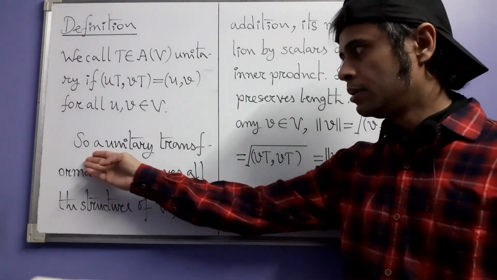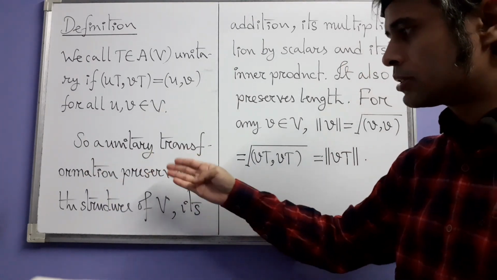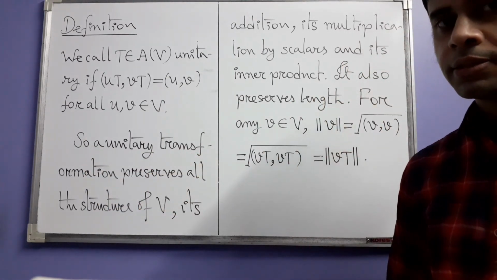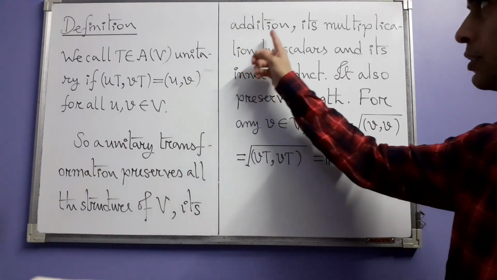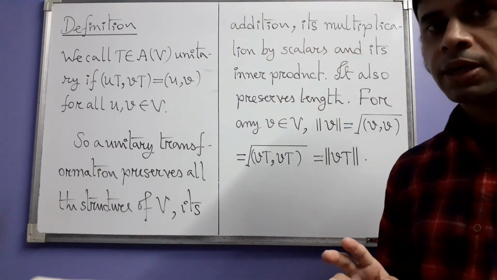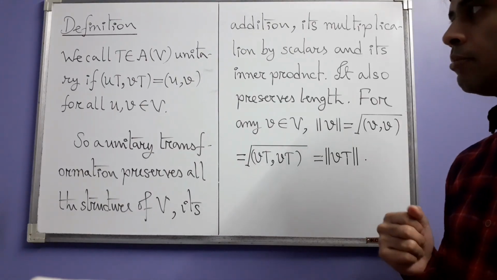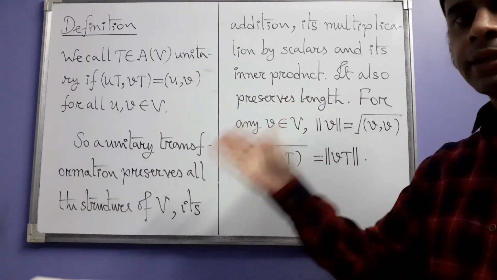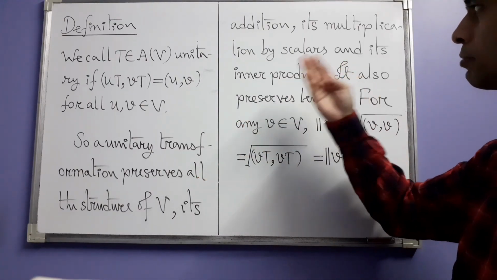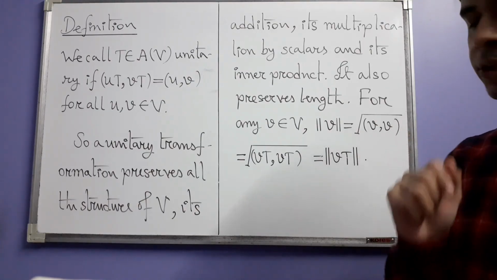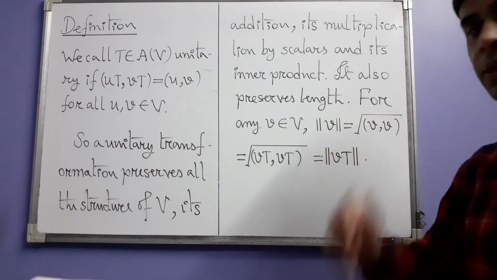And that is why a unitary transformation preserves all the structure of the space V, its addition and its multiplication by scalars, which anyway are preserved by any linear transformation. But a unitary transformation additionally also preserves inner product, and as a consequence it also preserves length.